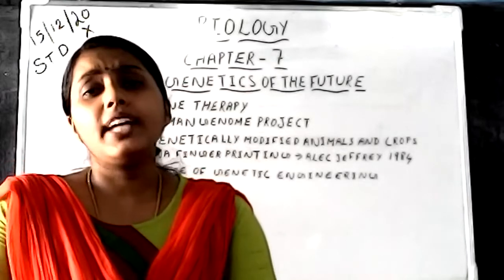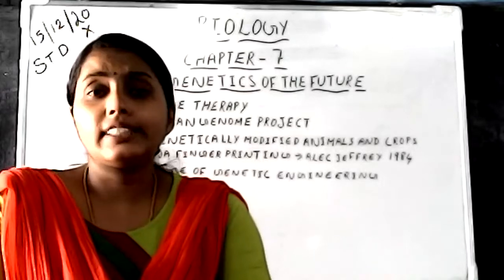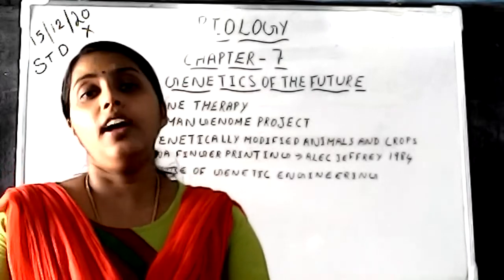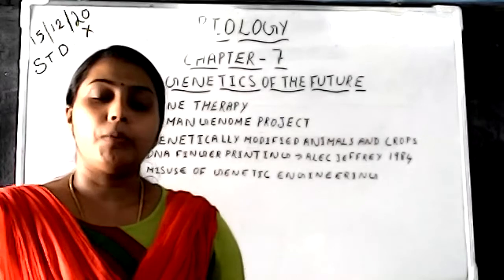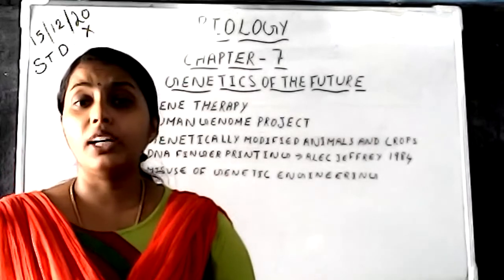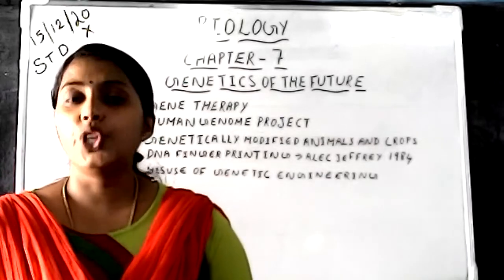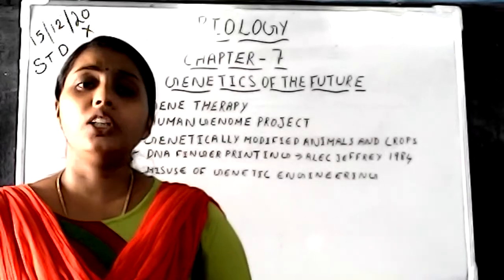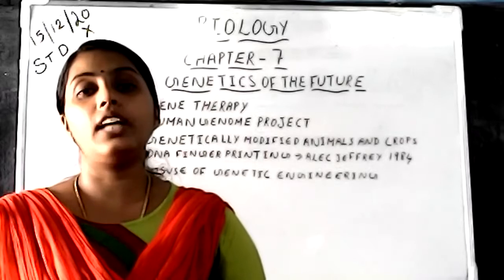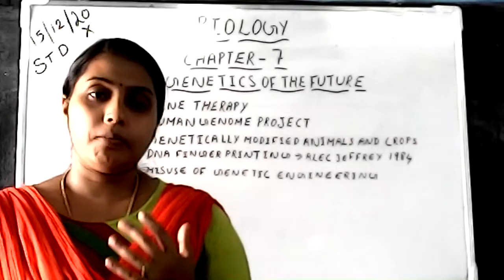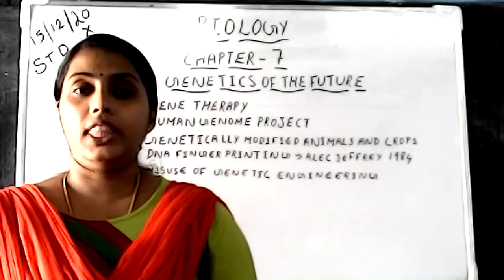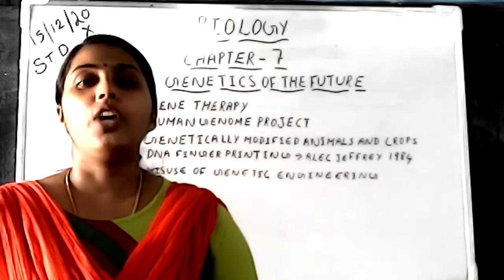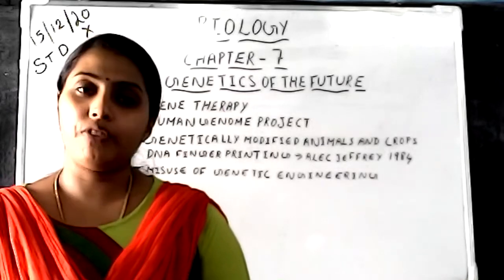In the 1990s, there was no idea about the position of the genes. So the Human Genome Project started, to find out the position of the genes. Around 2003, it was found that with a new method known as gene mapping, we are able to know the position of the genes.